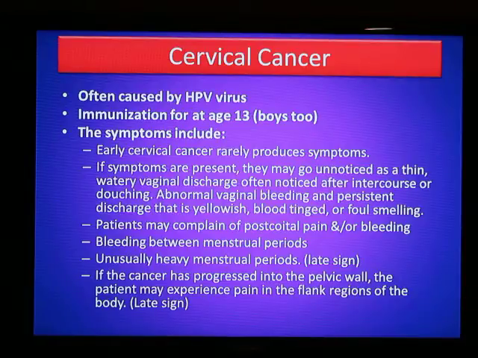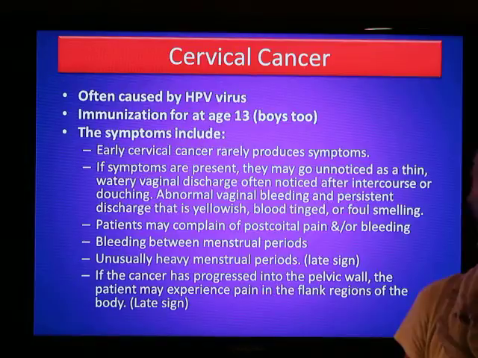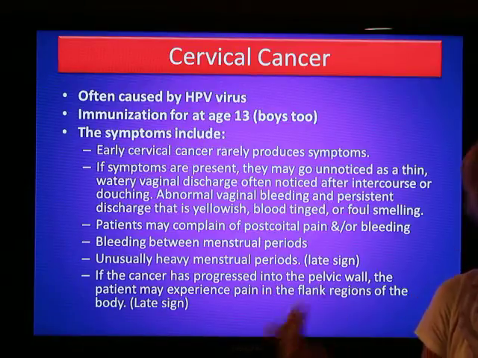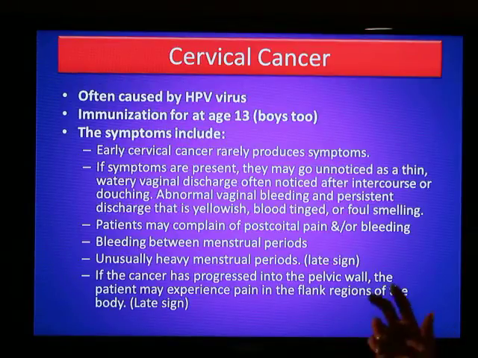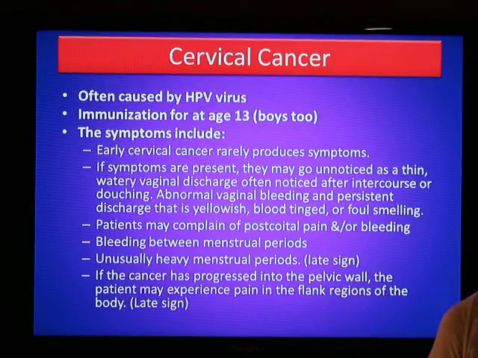If some symptoms are present, they may have some thin, watery vaginal discharge, which again might not even be noticed as a symptom. They could have some abnormal bleeding. They might have a little bit of yellow, blood-tinged discharge. Again, pattern here: if your patient is starting to complain of some abnormal vaginal bleeding, they need to get that checked out immediately.